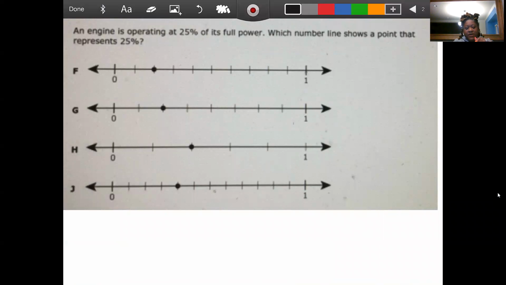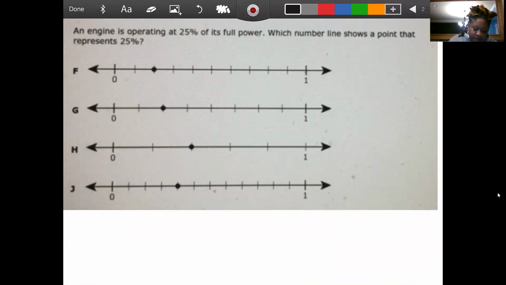An engine is operating at 25% of its full power. Which number line shows the point that represents 25%? The first thing I told y'all to do every single time is count how many sections you have. How many parts is the number line broken up into?